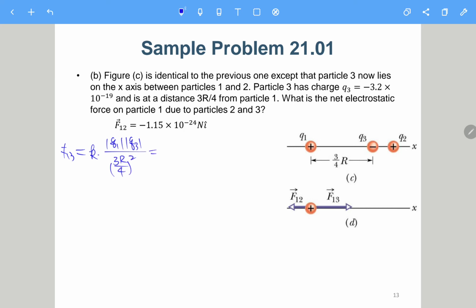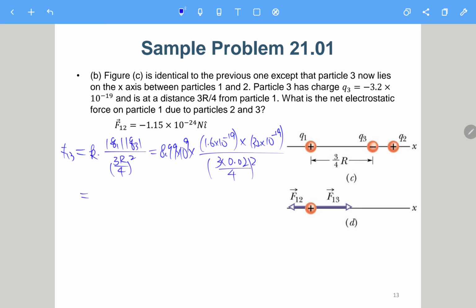So we just plug in the values: 8.99 times 10 to the 9th power times Q1, which is still 1.6 times 10 to minus 19, and then this one taking the absolute value, 3.2 times 10 to minus 19. Here we have 3 times 0.02 all over 4, quantity squared.